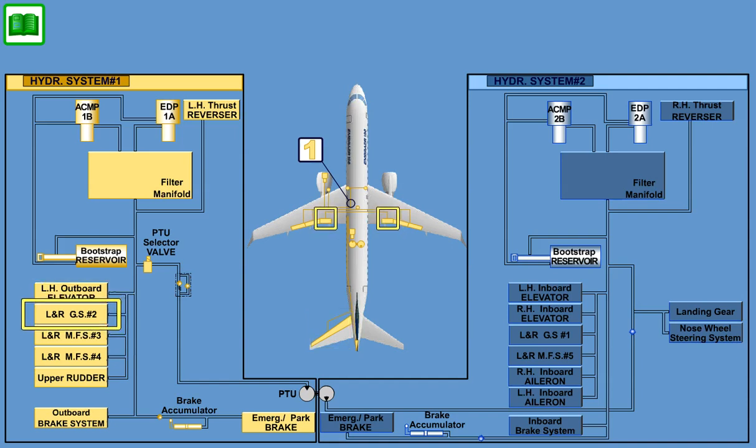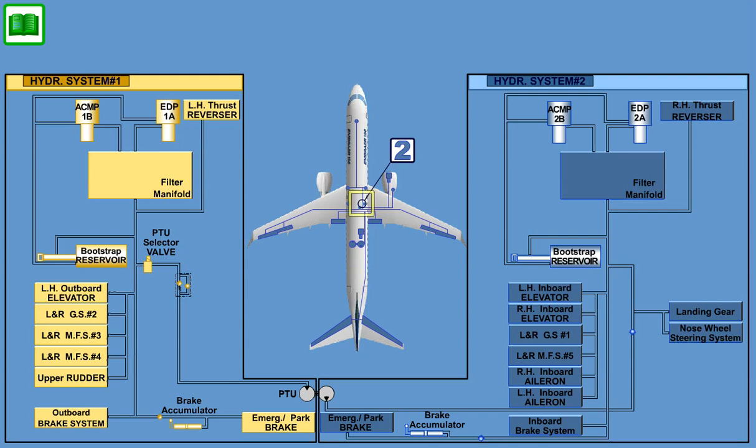Ground spoiler pair 2. Multifunction spoiler pairs 3 and 4. Left thrust reverser. Outboard brakes. Emergency parking brake. And the upper rudder PCU.